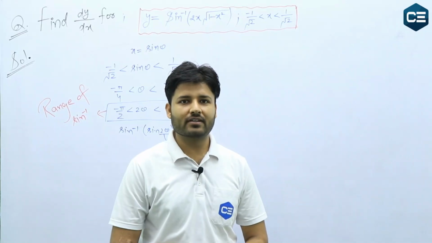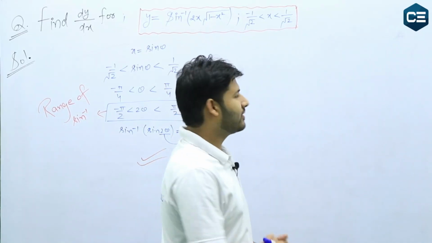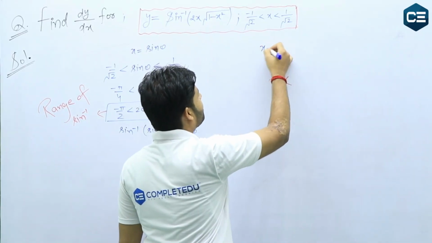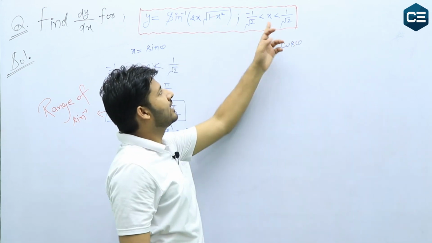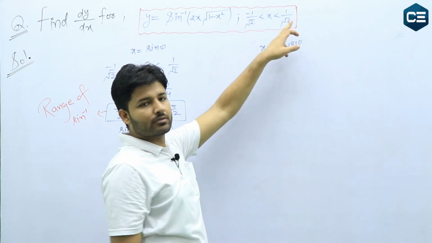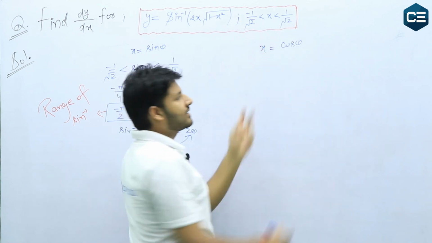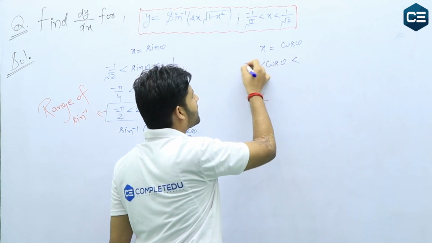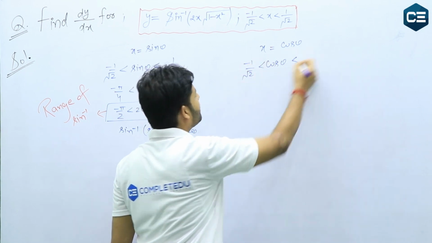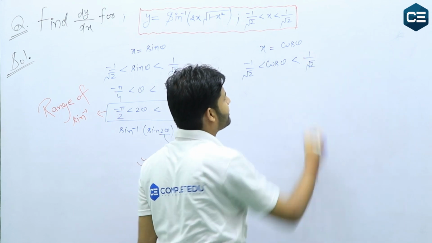So now let's talk about our second put. What did we put? We put x equals cos theta. From here we see x lies between negative 1 by root 2 and positive 1 by root 2, so our cos theta lies between negative 1 by root 2 and positive 1 by root 2.